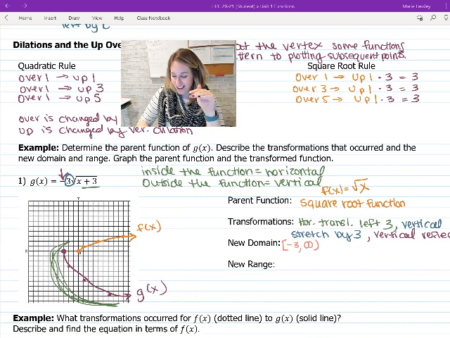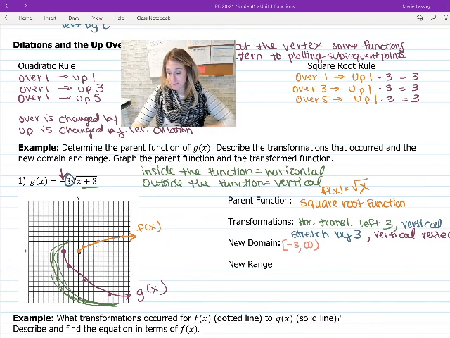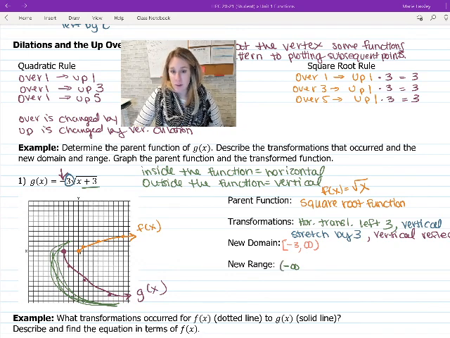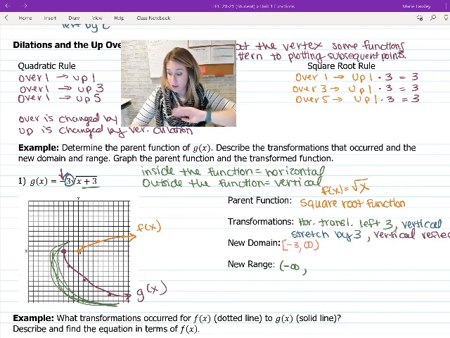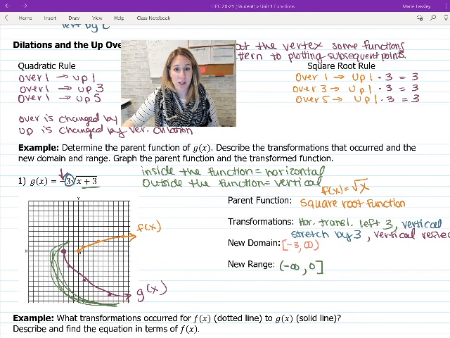So our range, our smallest number is -infinity, right? Because we're coming from the negative numbers. We go down forever. And a parentheses because we don't include infinity. But then we go all the way up until we hit that point of our graph, which is sitting on the x-axis, so our y value is 0. And we do touch that point, so we would use a bracket. That is it. That is transformation rules.